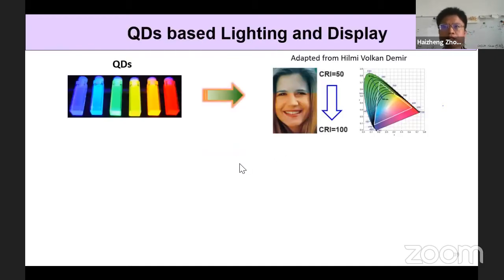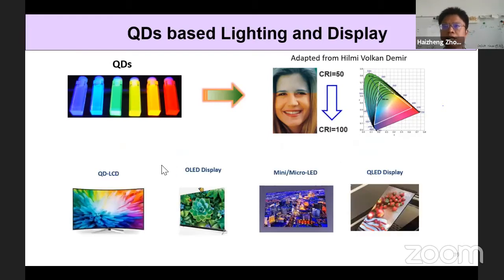So as I mentioned, the use of QD improved the color quality of white lighting or display. And for display, there are different technologies. LCD is the most popular technology in the market. OLEDs have appeared in the market of cell phones.